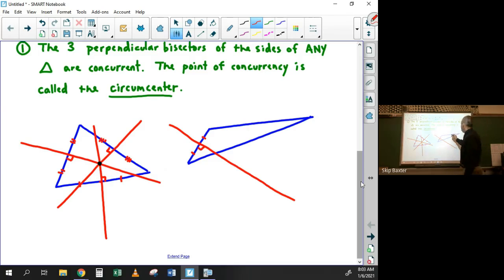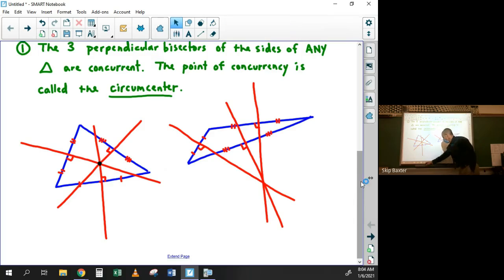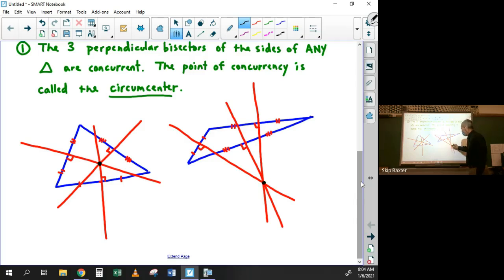The perpendicular bisector of this side would be like that. And you can see they're intersecting outside the triangle. If I do the third one, it's going to be like this. So in this case, you can see the circumcenter is outside the triangle.